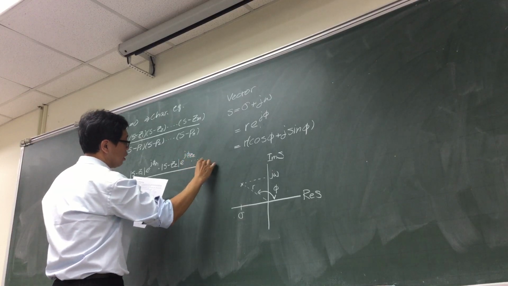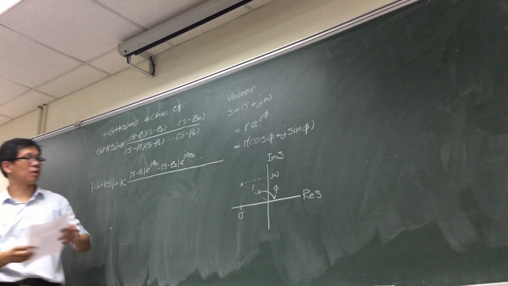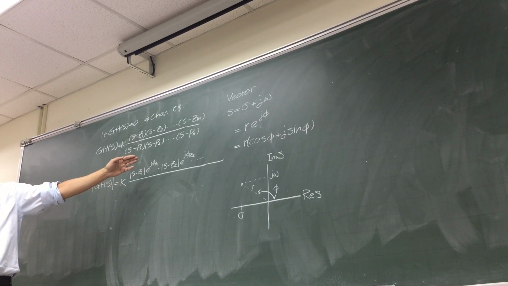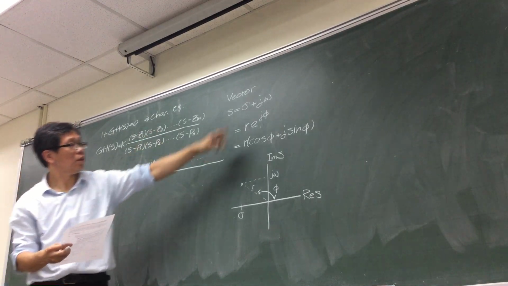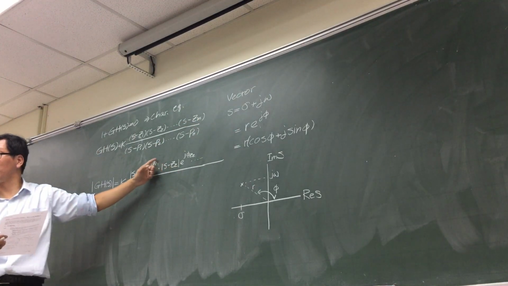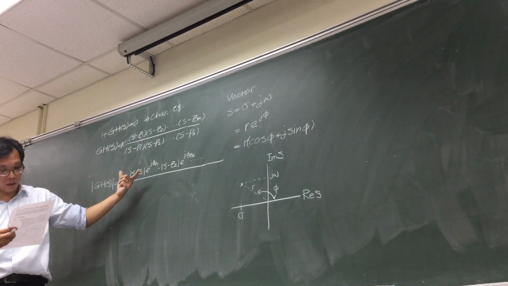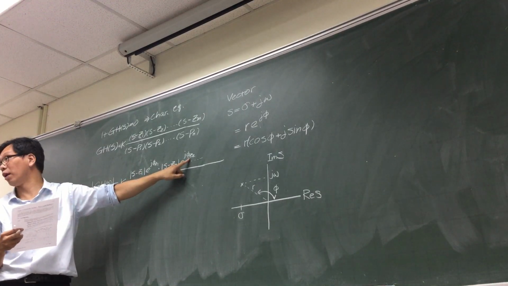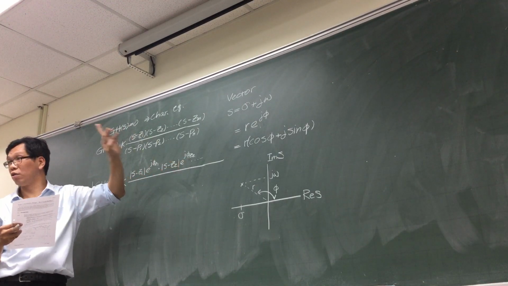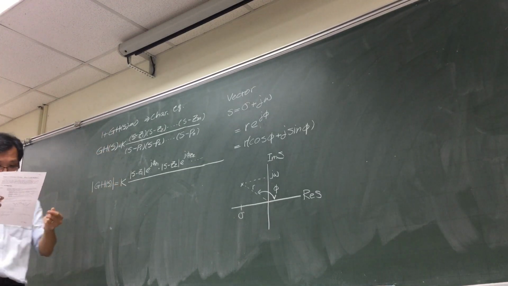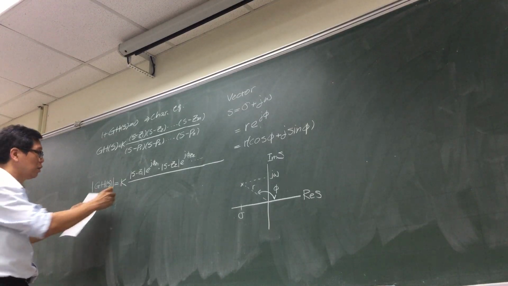I'm not going to write down everything, but essentially it's going to be something like that for the numerator part. Is that clear? I'm going to use this one because this is my magnitude part, and this one is going to be my phase part. I need to separate them into two parts, one is magnitude, the other one is phase. I'm going to explain why I need this.